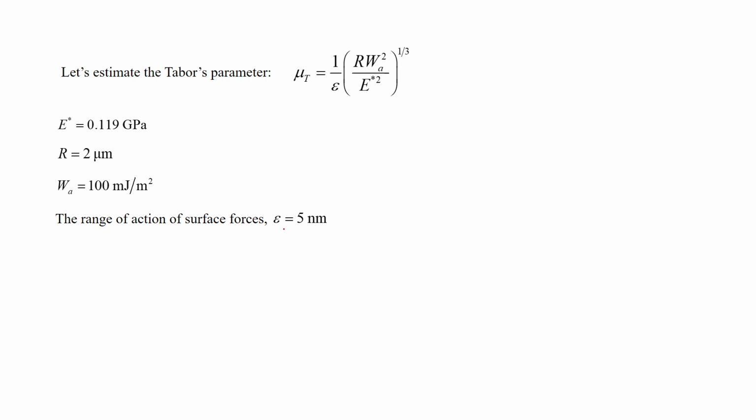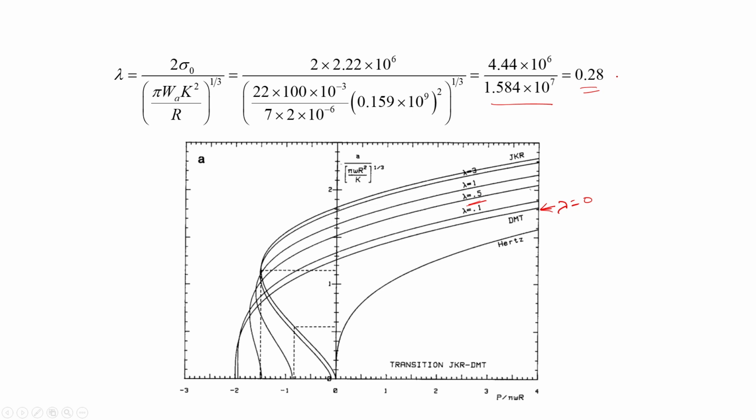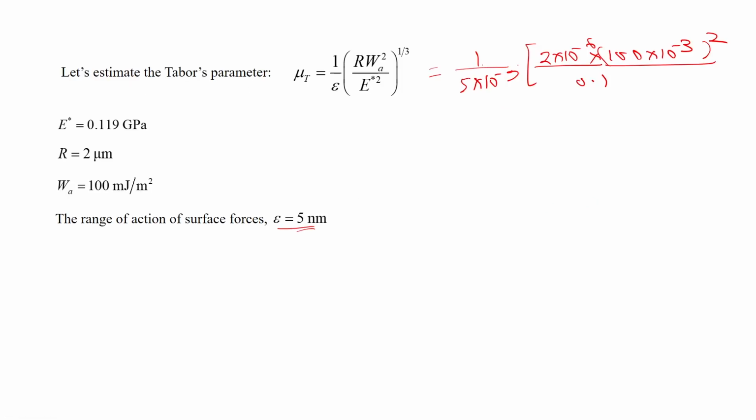So, the range of action of surface forces is 5 nanometer here. So, this is equal to 1 upon 5 into 10 to the power minus 9, and R is 2 micron, so 2 into 10 to the power minus 6. Work of adhesion is 100 millijoule, 10 to the power minus 3, squared, and E star squared. E star is 0.159 gigapascal, 10 to the power 9, squared, and the whole thing to the power 1 upon 3.